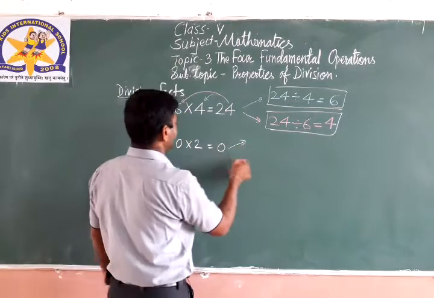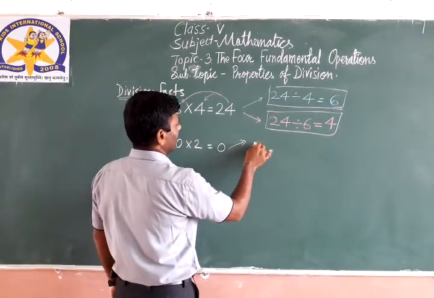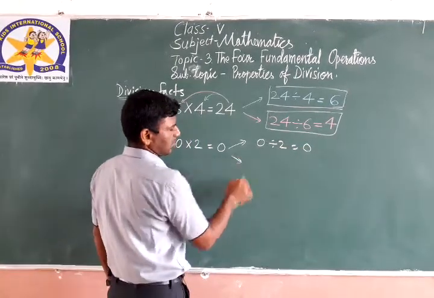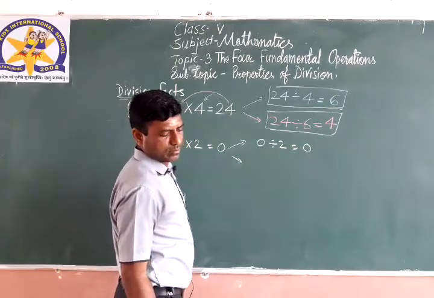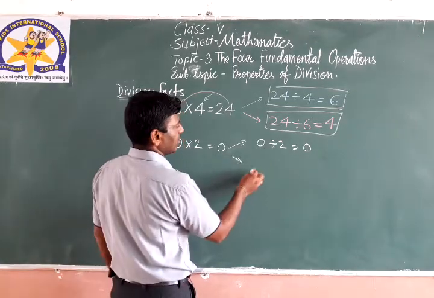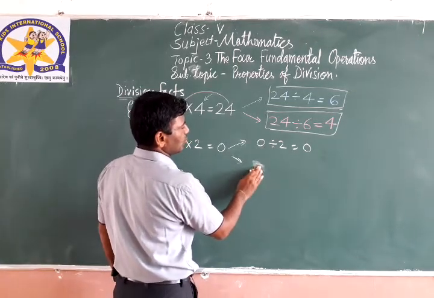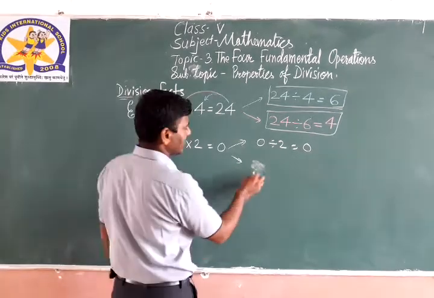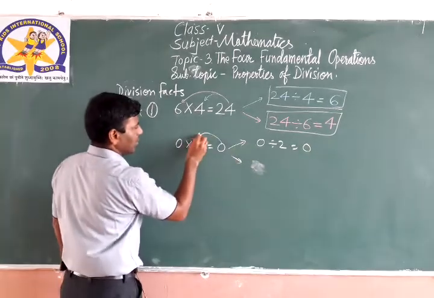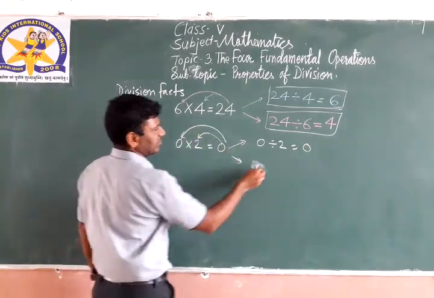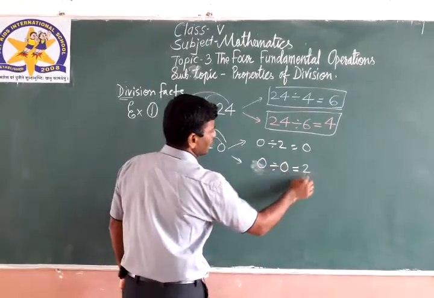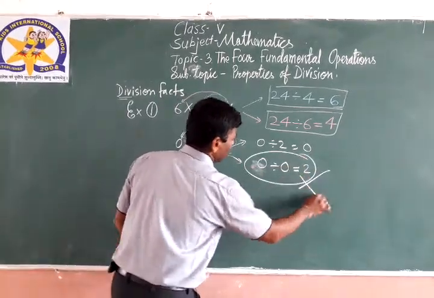But we cannot write like this. 0 divided by 2 is equal to 0. Right. But we cannot write this one. 0 divided by 0 is not equal to 2. This is wrong.